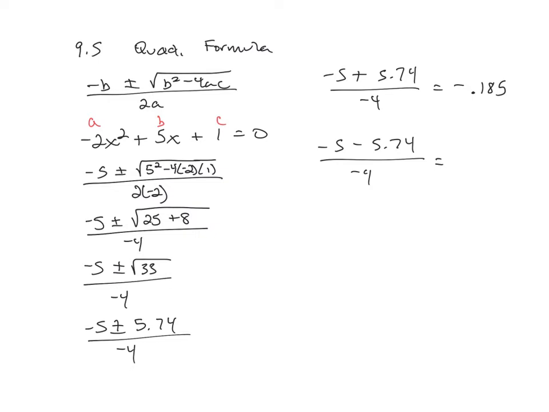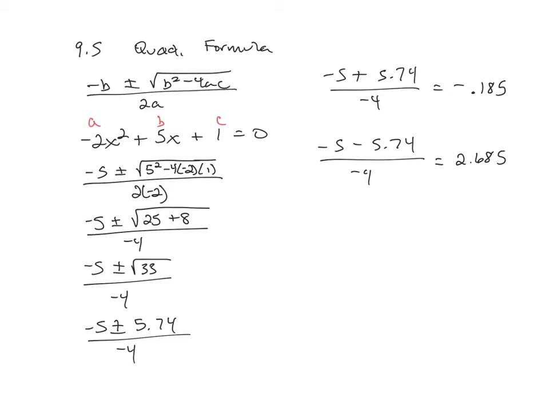So just barely negative. It's practically 0. All right, then negative 5 minus 5.74 divided by negative 4, and we get 2.685.